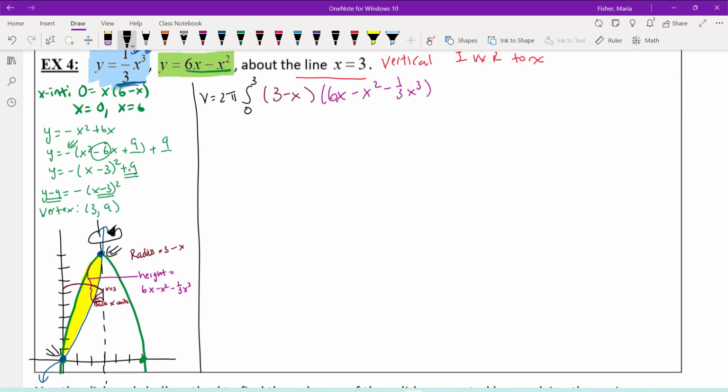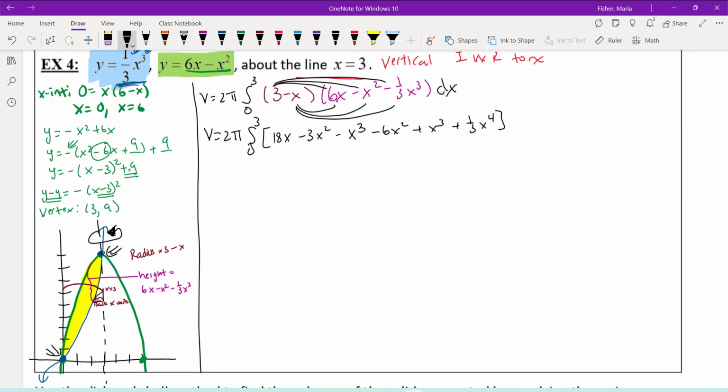Now let's distribute, and then we'll combine like terms, and then we'll integrate. So when I distribute, I end up with 18x minus 3x squared minus x cubed, and then minus 6x squared plus x cubed, and then plus 1/3 x to the 4th. Combining like terms, we have 18x, and then minus 3x squared minus 6x squared is minus 9x squared.